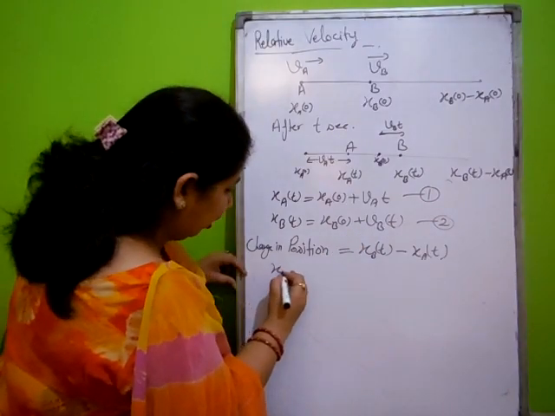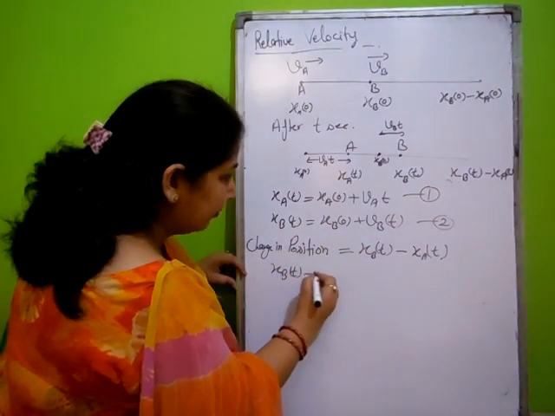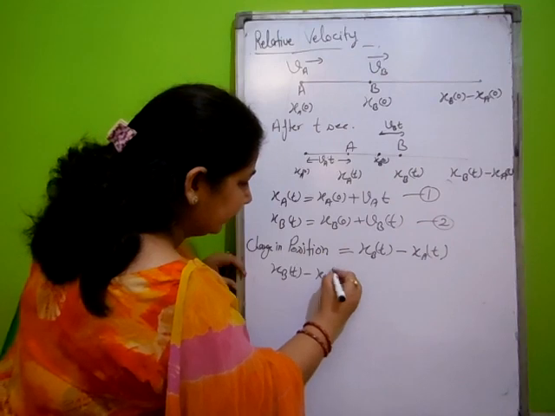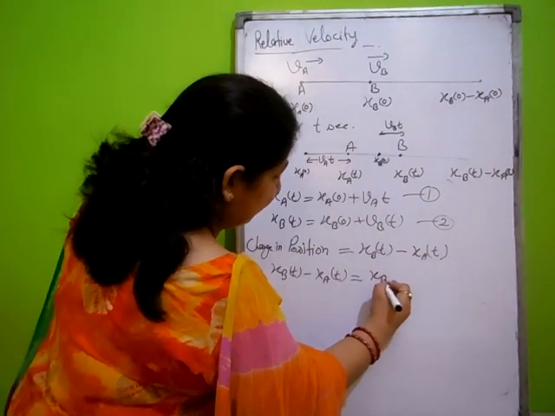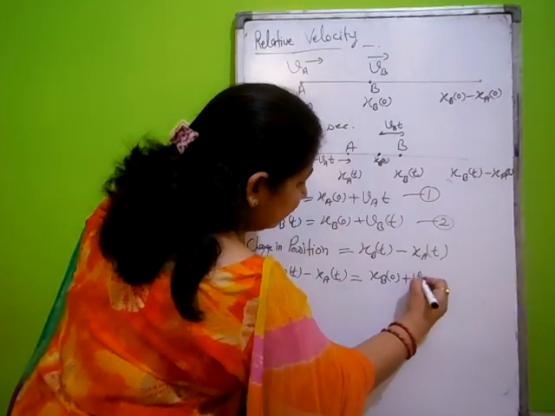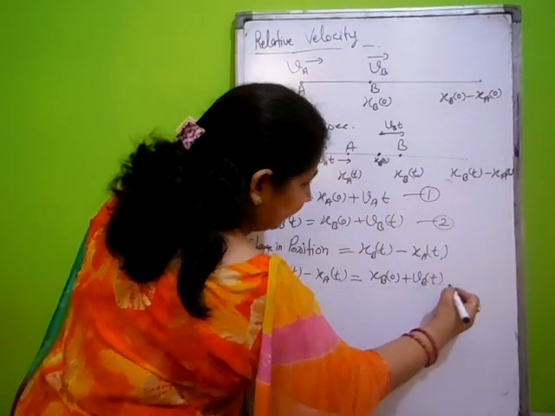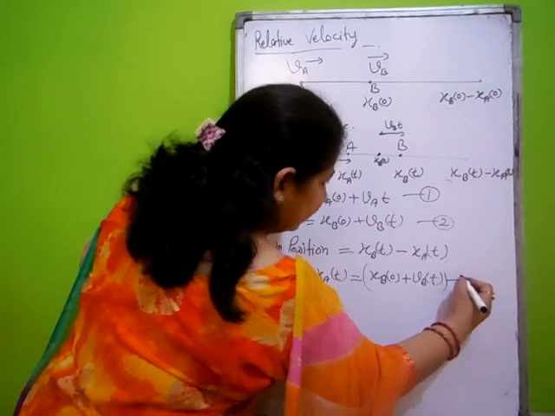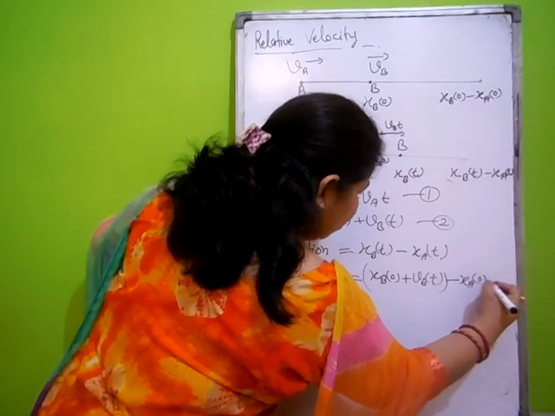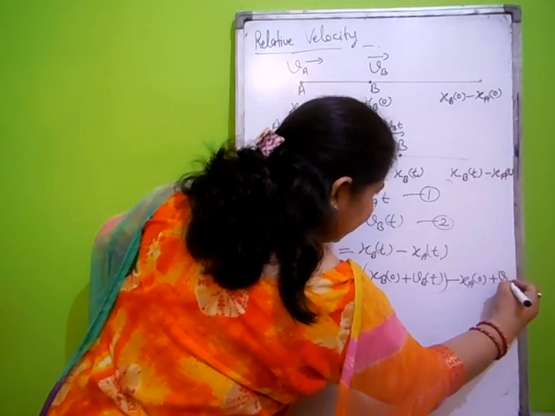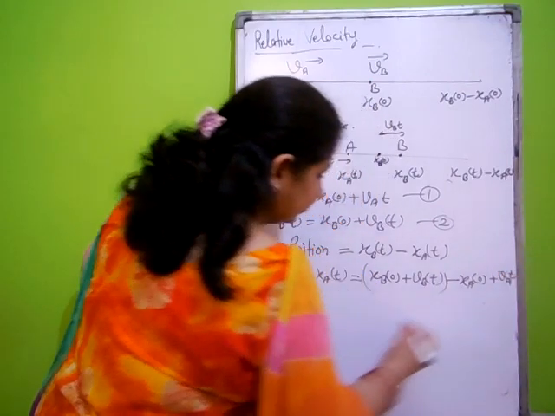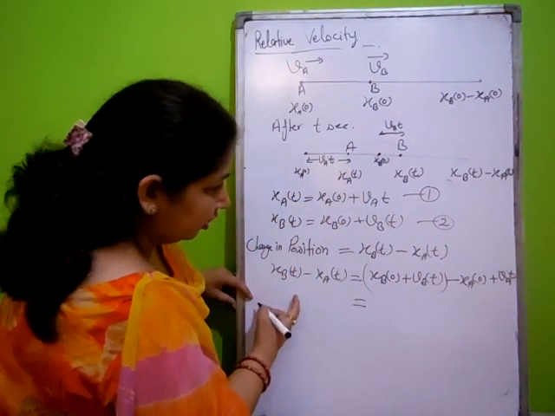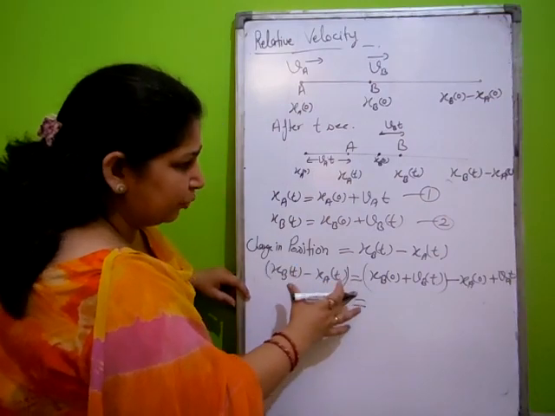Find out the value of XBt minus XAt is equal to, put the value of XB0 plus VBt minus XA0 plus VAt. Now this is the change in position.